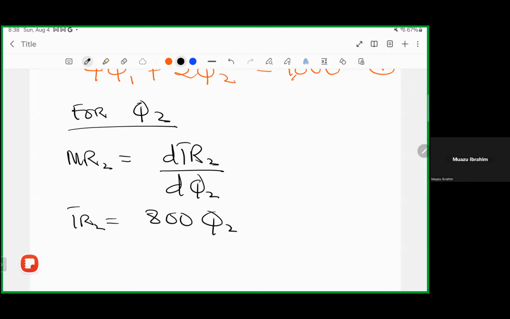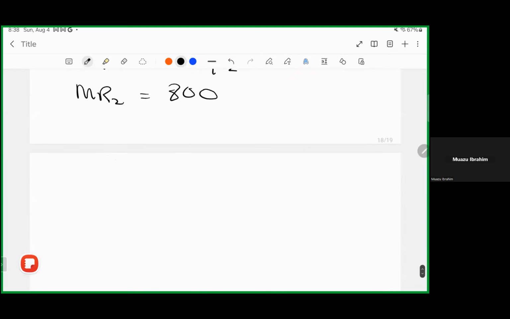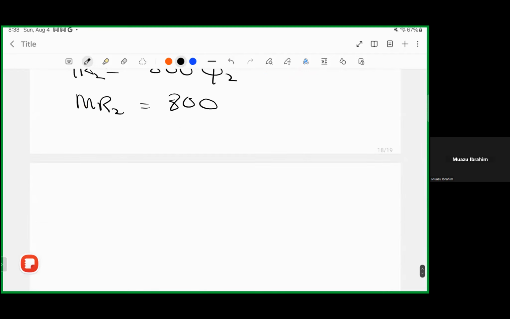It was 800 Q2. So the marginal revenue will be what? 800. Excellent. The marginal revenue would be 800. So we have to look for the marginal cost for 2.